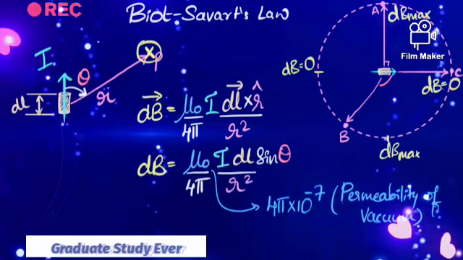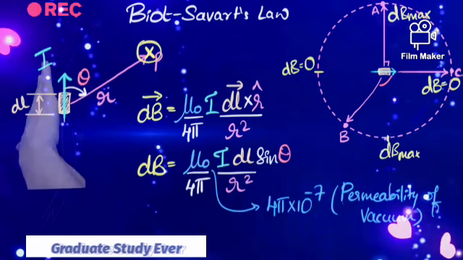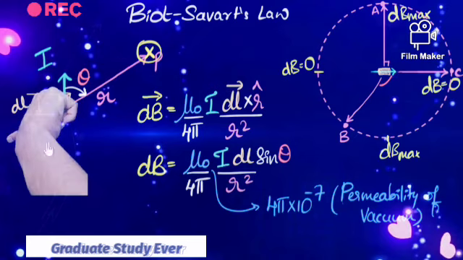Here's how I would do it. So if I would show you my hand, I would align it with my dl, and then I cross it this way. And while I do that, look at the direction of my thumb. The thumb gives you the direction of the cross product. The thumb is pointing inwards, and therefore the magnetic field over here must be inwards. So both methods, the clasp rule and the cross product rule, will give you the same answer.